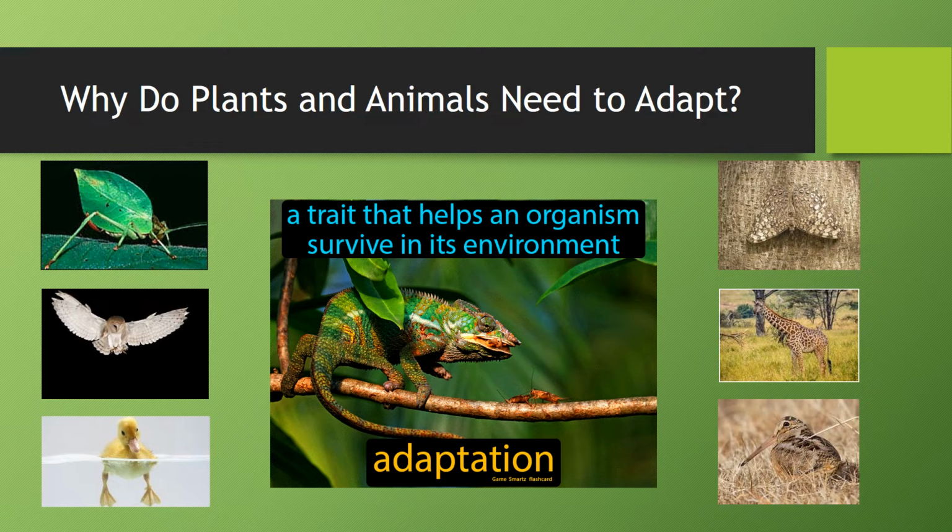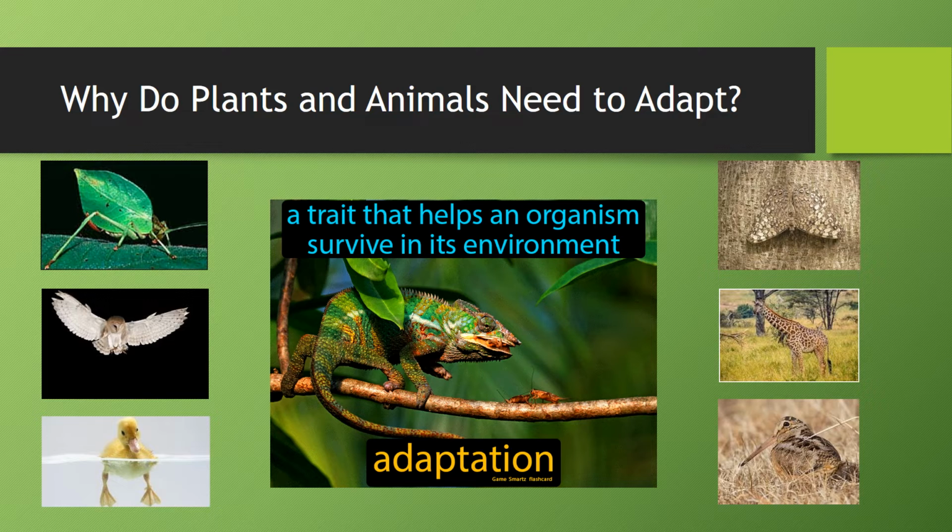adaptations. The one on the top right is a butterfly that has a broken pattern that's actually camouflaged into the bark behind it. The one in the middle is the giraffe, and the giraffe is found in the African savanna. There are not many trees, but they are tall in the savanna.